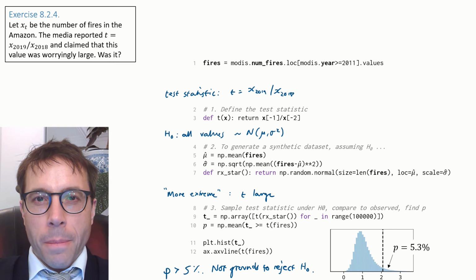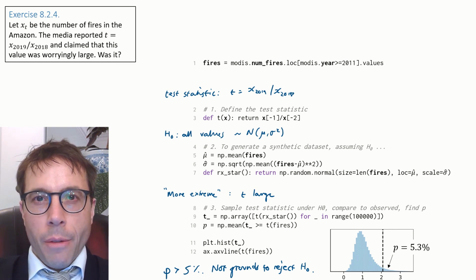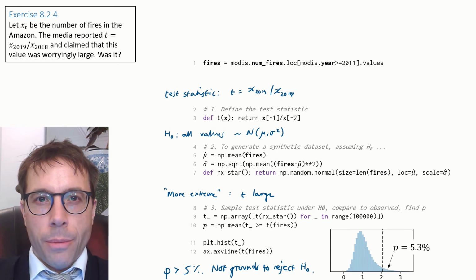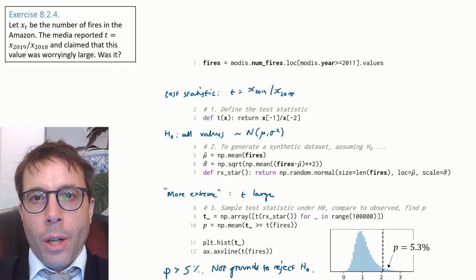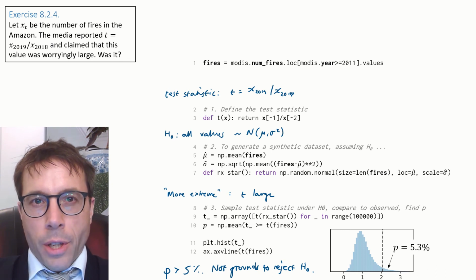Here's what we get. The p-value is 5.3%. Fisher's magic number is 5%. Here, the p-value is just above 5%, so there aren't clear grounds to reject the null hypothesis. It's borderline though. When it's borderline, it's really an invitation for you to look further, for example, to gather more data.